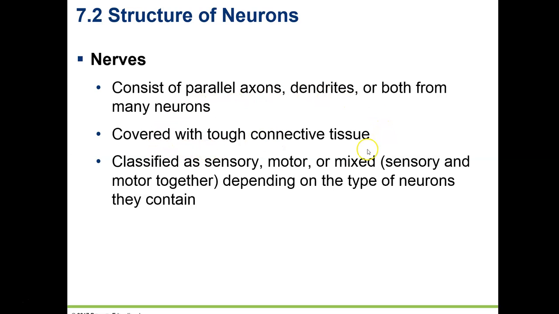Nerves are covered with tough connective tissue, so connective tissue protects the nerves. Nerves are classified as sensory if they carry the information towards the brain and spinal cord. They are called sensory. Some nerves are motor and some are mixed.